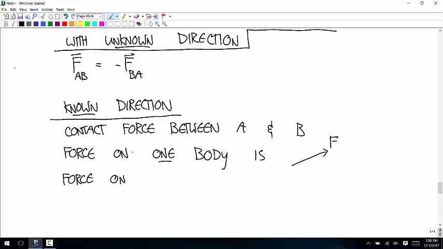The force on the other body is the exact opposite vector. Let me try to draw that more carefully. With the same magnitude, same variable value.